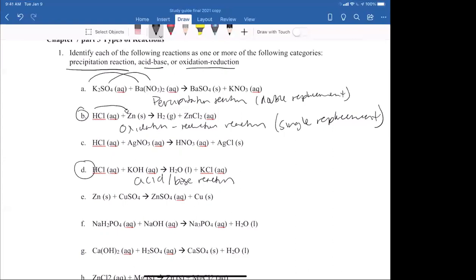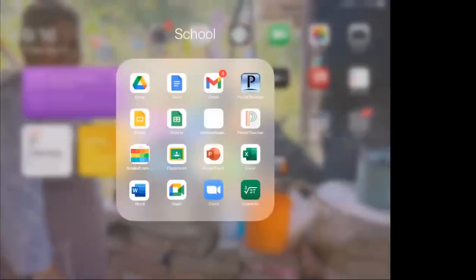So again, oxidation reduction is normally single replacement. Double replacement is usually a precipitation reaction. Acid base, anytime you form water, it is an acid-base reaction. All right, and those are our categories.